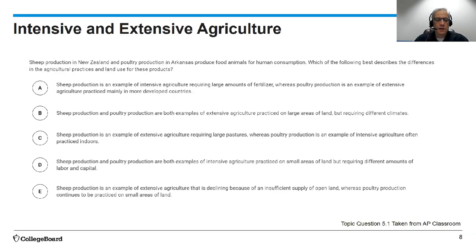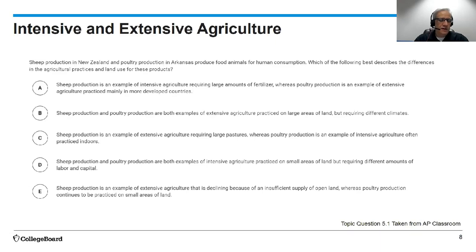B. Sheep production and poultry production are both examples of extensive agriculture practiced on large areas of land, but requiring different climates. C. Sheep production is an example of extensive agriculture requiring large pastures, whereas poultry production is an example of intensive agriculture often practiced indoors.